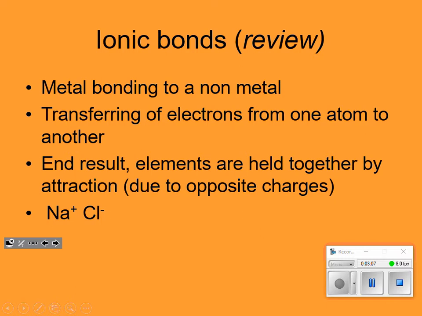Remember, sometimes we refer to it as a cation and an anion. How an ionic bond works is the cation transfers electrons to the other thing, the anion. So the metal gives to the nonmetal, making a positive and a negative ion.